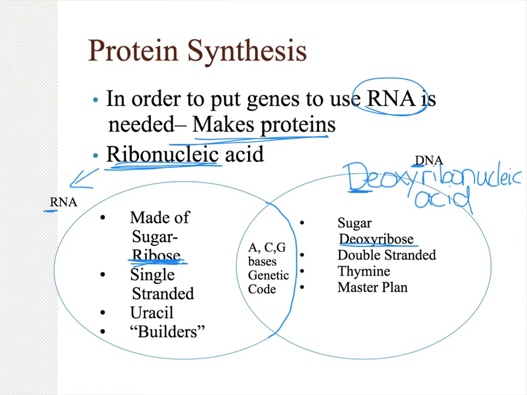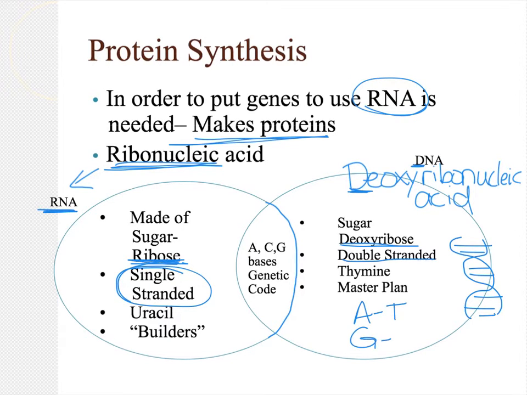Okay? A couple of other differences you need to know between RNA and DNA. DNA is double-stranded, so we've already studied how it is a double helix, and we've studied how it replicates, whereas RNA is actually only single-stranded. We've also learned that in DNA, A matches with T and G matches with C, but there's a little bit of a change.